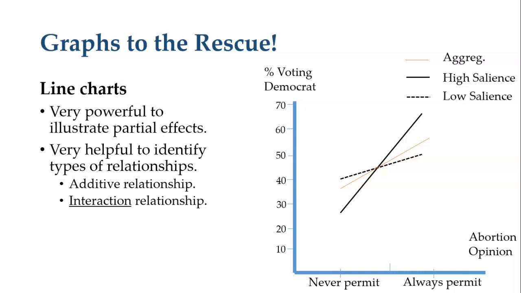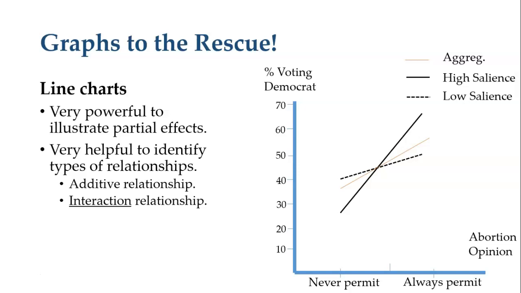So without considering how salient this topic is for the person, we can see that the people who think that abortion should always be permitted tend to vote more for the Democratic Party than people who think that abortion should never be permitted. Okay, so the relationship is positive.